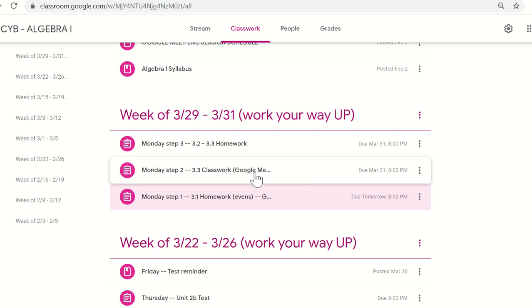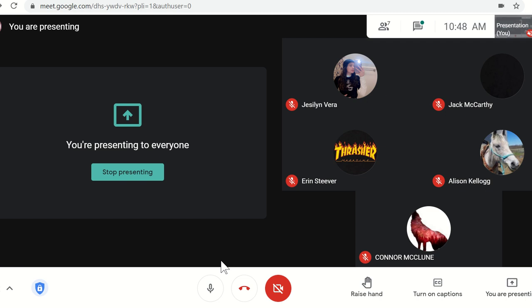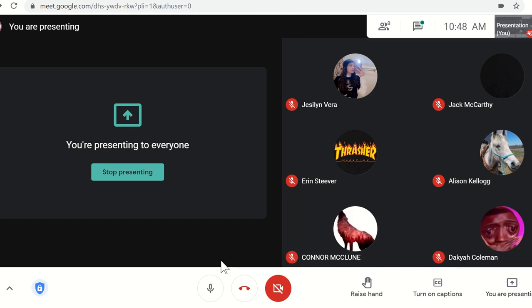And then we're also going to skip what is technically the 3-2 and 3-3 notes. We're just going to do some of the 3-3 classwork together, and that would be our notes. So again, skipping some stuff.